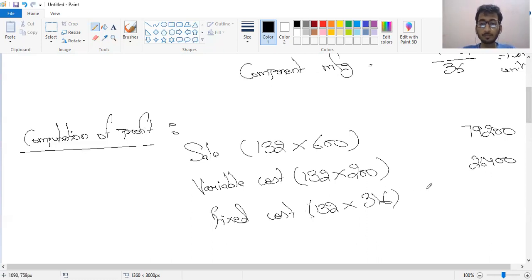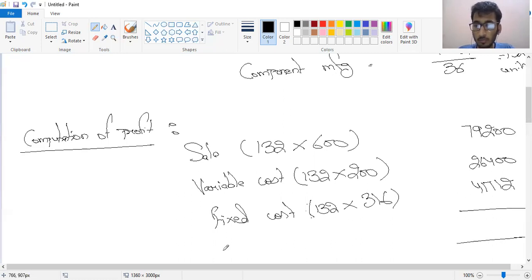It is 41712. Any other cost which is given to us? Just a second. No, these three costs only we are given.